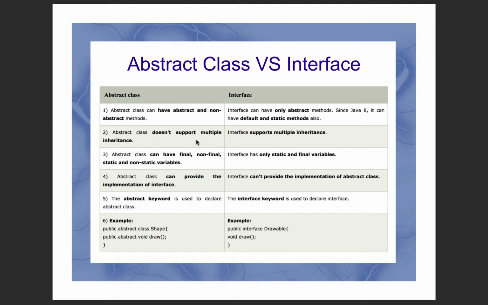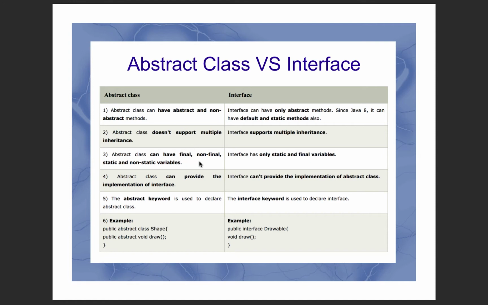An abstract class doesn't support multiple inheritance, so the abstract class cannot inherit from multiple classes. Interface supports multiple inheritance, so we can inherit from multiple objects or multiple components.